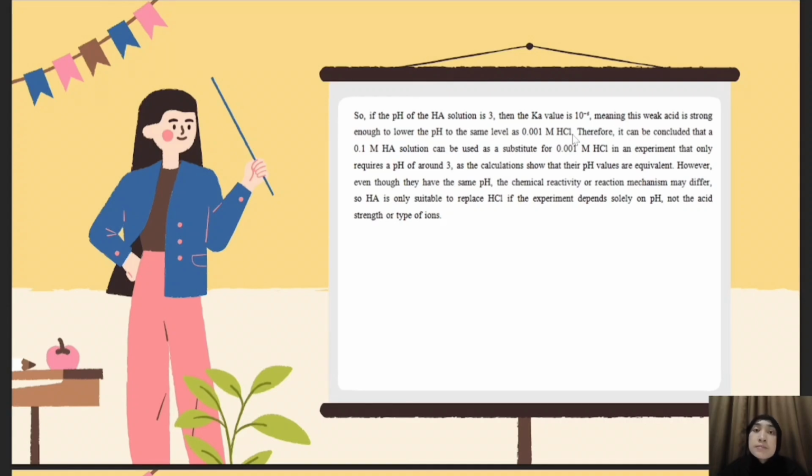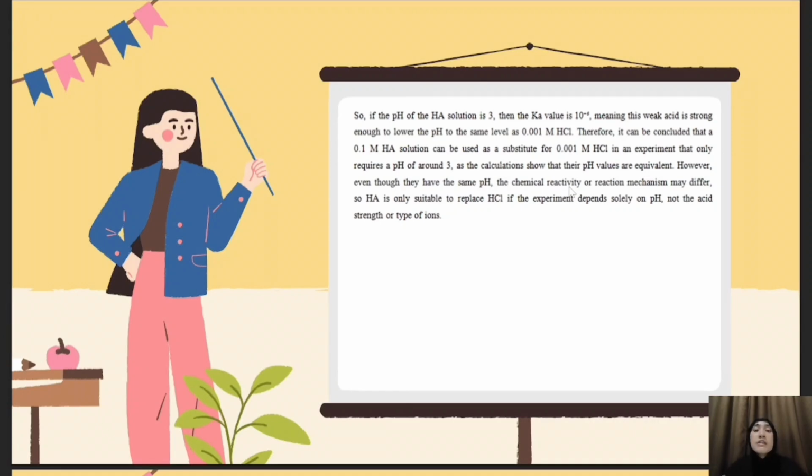Therefore, it can be concluded that a 0.1 M HA solution can be used as a substitute for 0.001 M HCl in an experiment that only requires a pH of around 3, as the calculation shows that their pH values are equivalent.